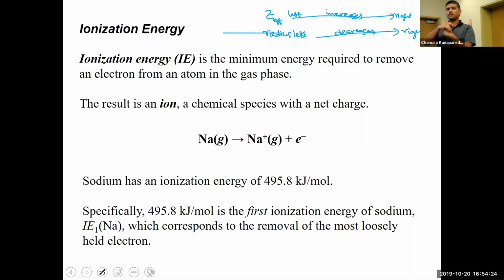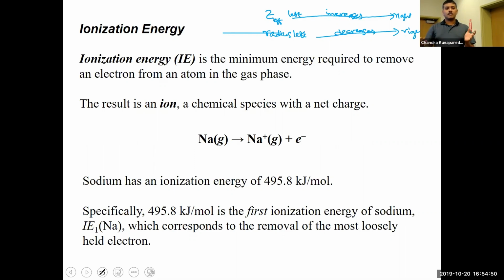To remove an electron, you're basically trying to overcome the attraction of the nucleus's positive charge with the negative charge of an electron. There is an attraction between the negatively charged electron and its positively charged nucleus because they are oppositely charged. If you are trying to break that attraction, you apply some energy, which is the ionization energy.